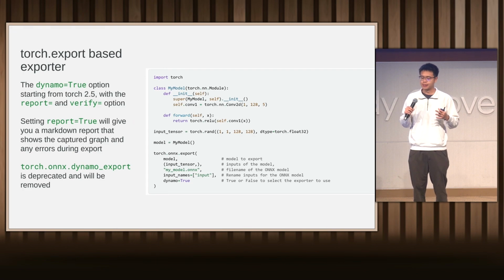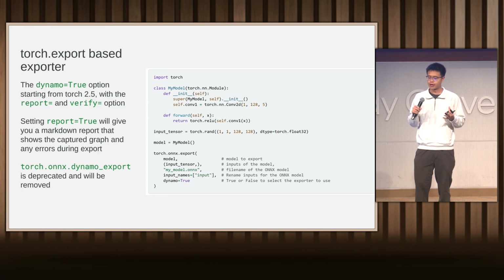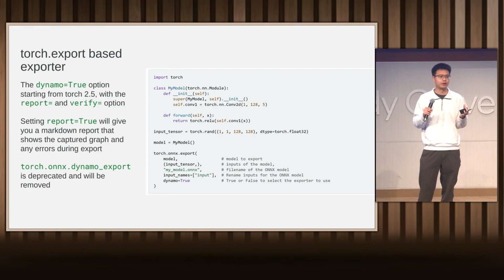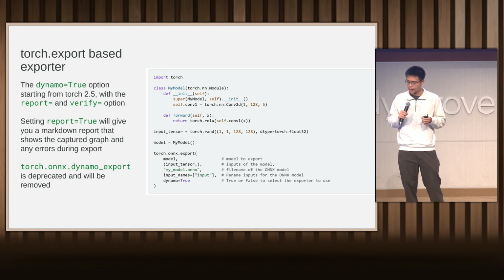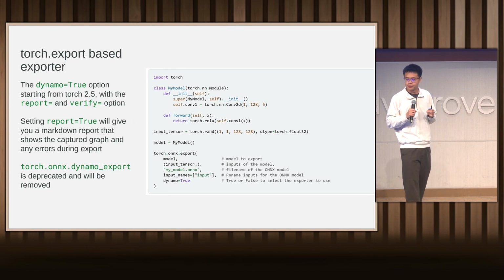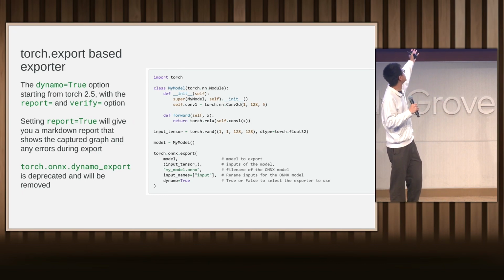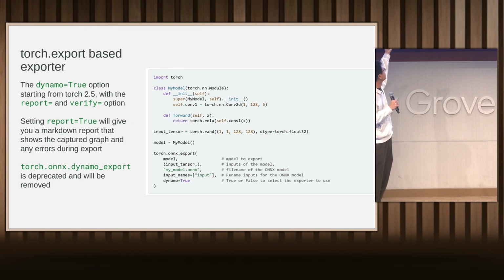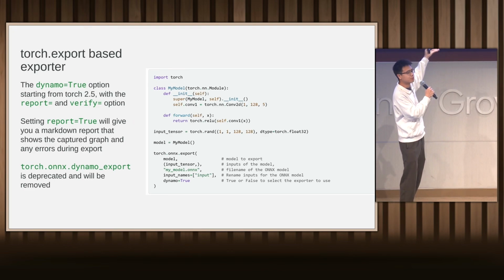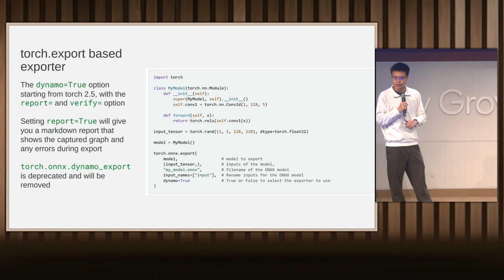It has been available since Torch 2.5, with additional options like report and verify for users to understand the export process and any errors that may happen. The API looks like this, and the only thing that is new is the dynamo=True option right there.